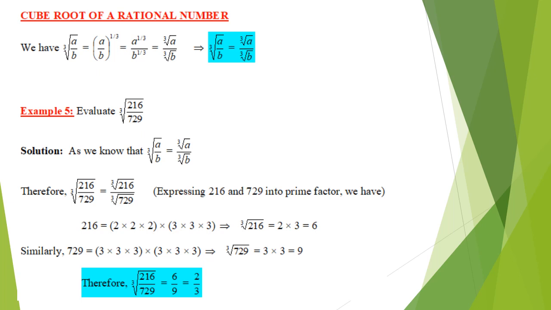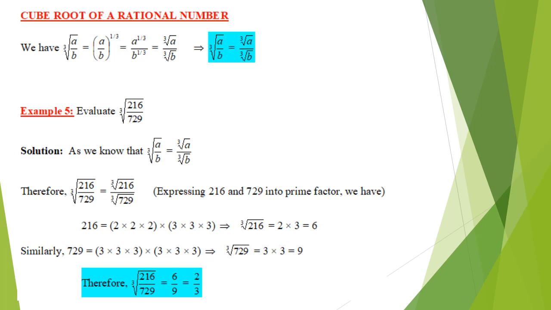So it will be further written as cube root of A divided by cube root of B. Now this example says find out this value, and using this property we have taken out the cube root on the numerator 216 separately and on the denominator, which is 729, separately. And then expressing 216 and 729 into prime factors, we have both the triplets separately. 216 will be written as 1 triplet of 2 into 1 triplet of 3.